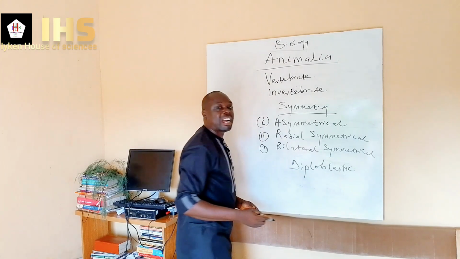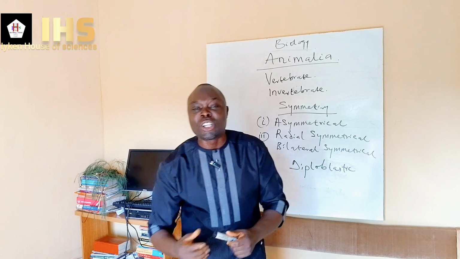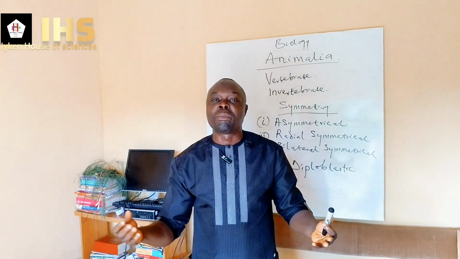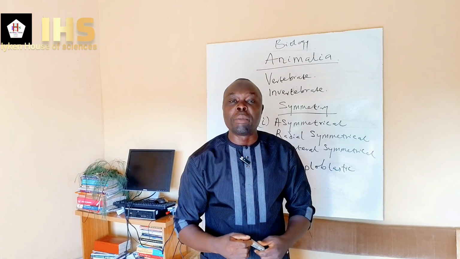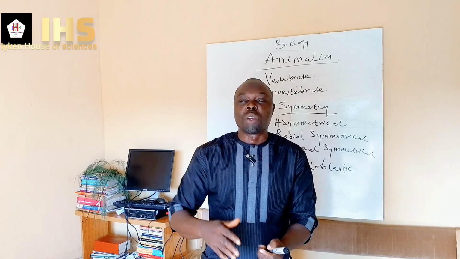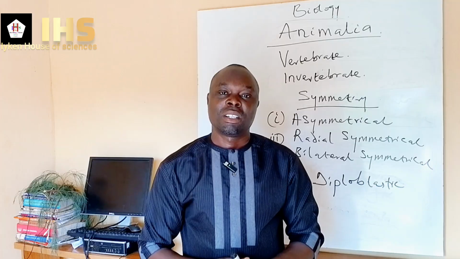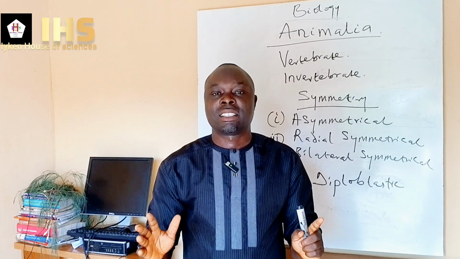These are animals that have two body layers. The two layers are the endoderm and the ectoderm. When we say endoderm, we mean the inner side of the body, the inner tissue. When we say the ectoderm, we mean the outer tissue. They have two body layers.